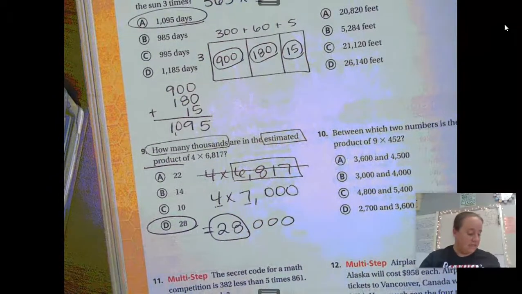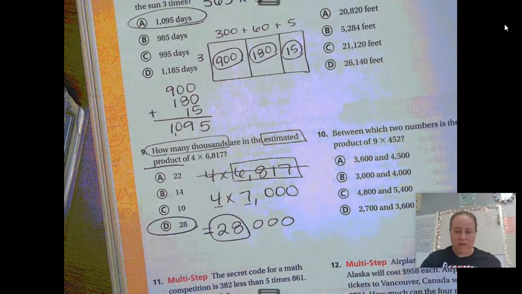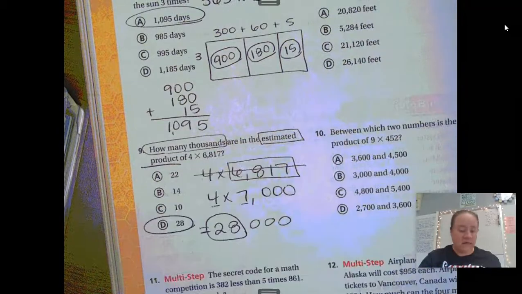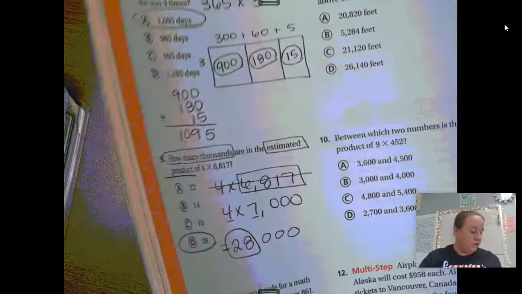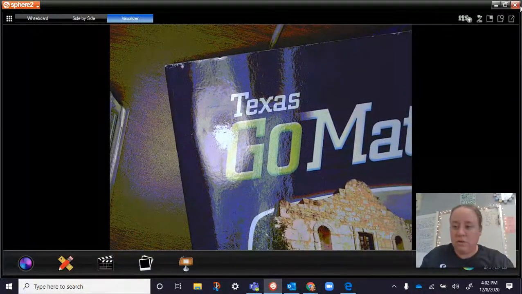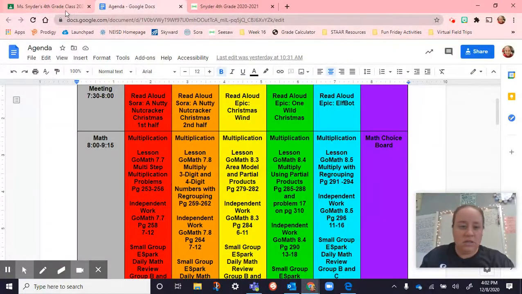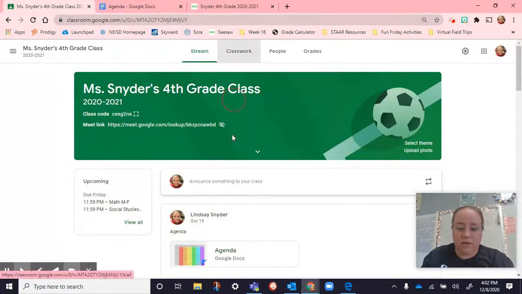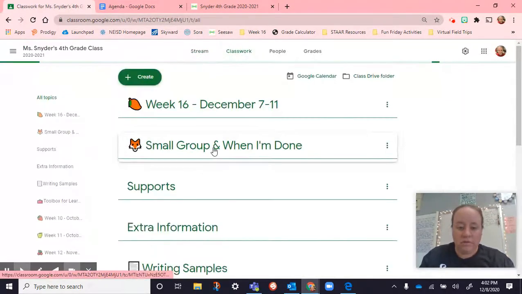So students had 11, 12, 10, and 8 to finish. So 4 problems there that they needed to do, and they are putting those in their Google Classroom. So they go to classwork, and there it goes.